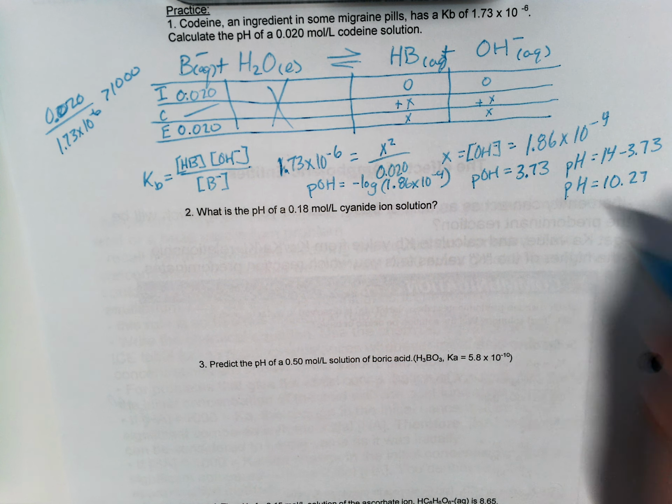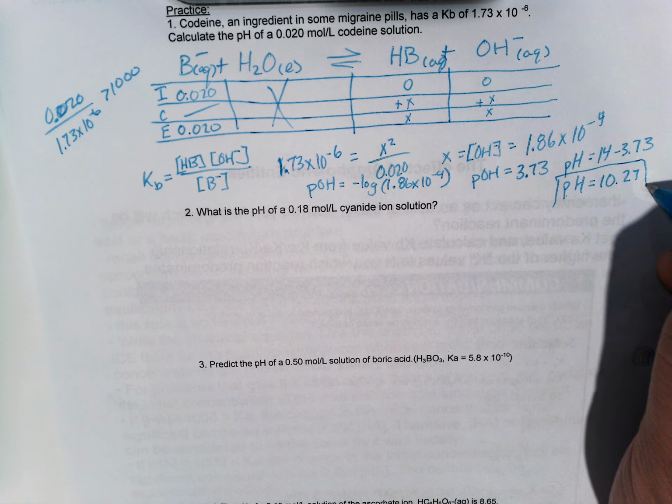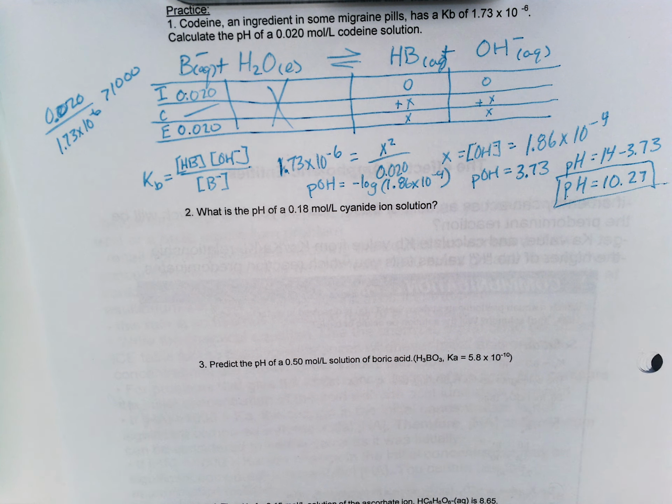Okay, and that's my final answer. That's what I'm looking for, the pH of this solution. And so again, whenever you're looking for pH or pOH, you have to have either the concentration of hydronium or hydroxide, and from there you can find it.